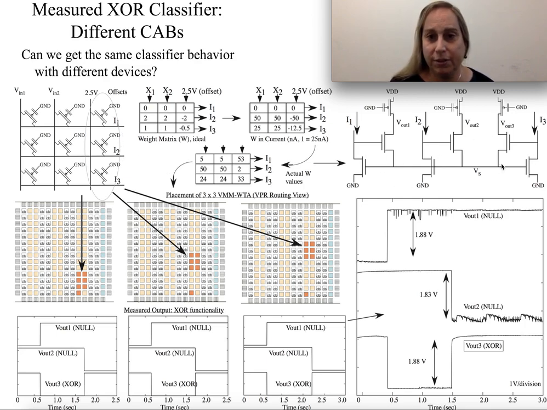This is a very typical Lazzaro type of winner-take-all structure. There is a current source from this node down to ground. That wasn't actually drawn in this picture originally. So there's a current source FET transistor down there to constrain all of these source nodes.